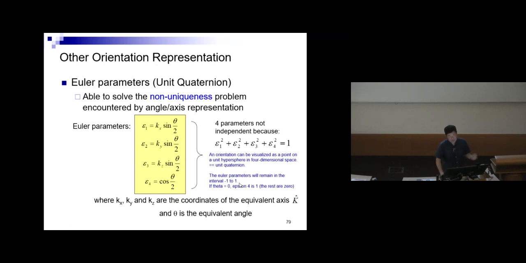So epsilon 1 to epsilon 4 will have values within there. So if theta is equal to 0, so cosine 0, your epsilon 4 is actually equal to 1. So if epsilon 4 is equal to 1, then the rest must be equal to 0. Okay?